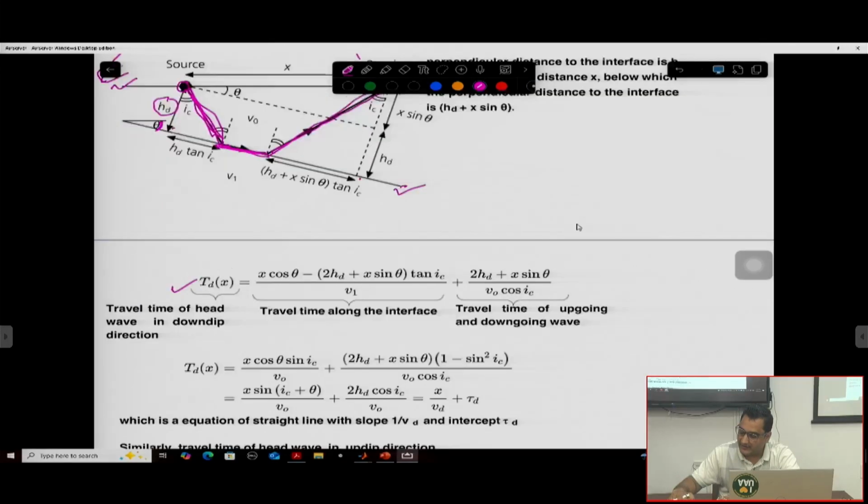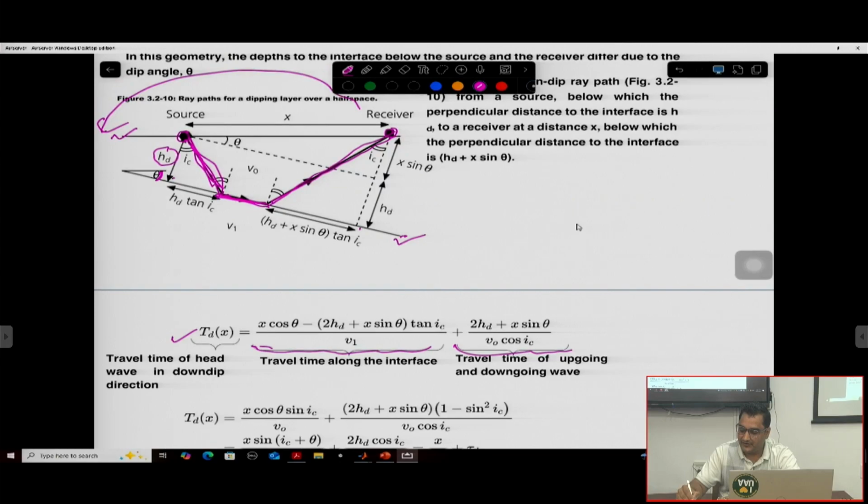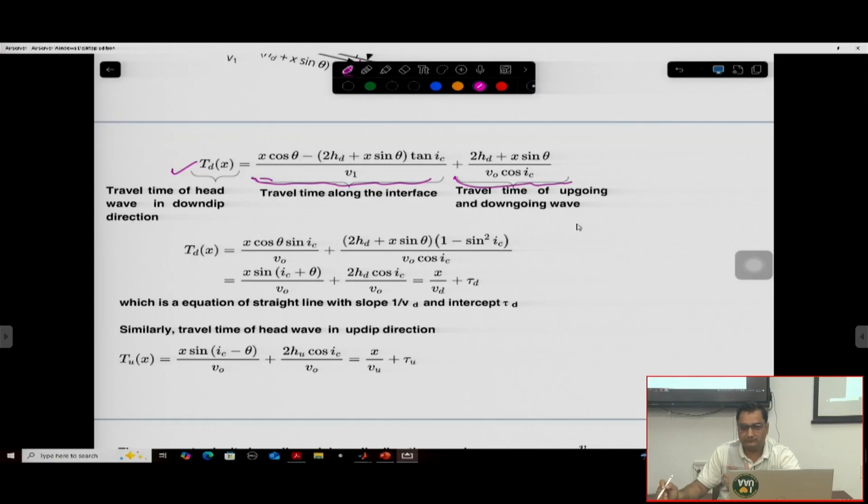They have calculated it, and this is the travel time along the interface, and this is the travel time of the downgoing and upgoing wave. This part is the downgoing wave and this part is the upgoing wave, isn't it? When you sum them together and readjust, finally you will get this particular expression.